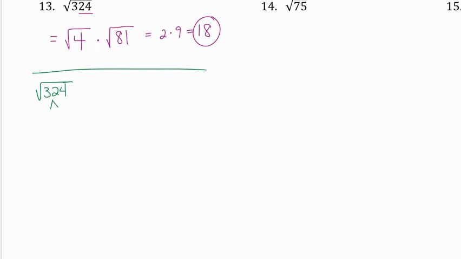So 324, let's say I decide to divide it by 2, right? That would be 162. And then maybe I'll divide by 2 again. And that will give me 81. And then 81, I know, is a 9 and a 9. And then I get 3s and 3s, right?